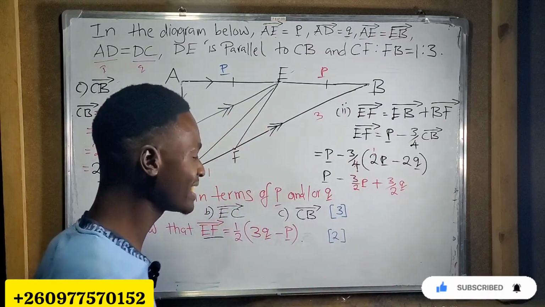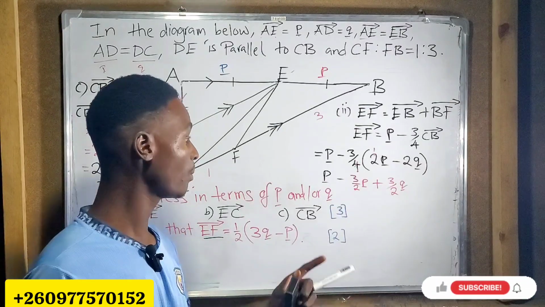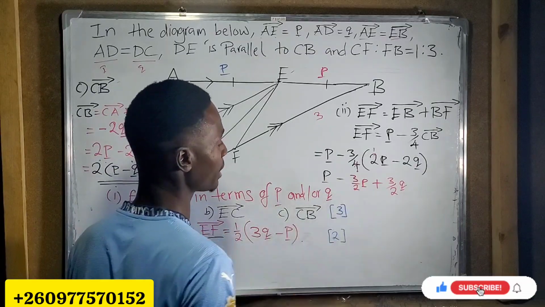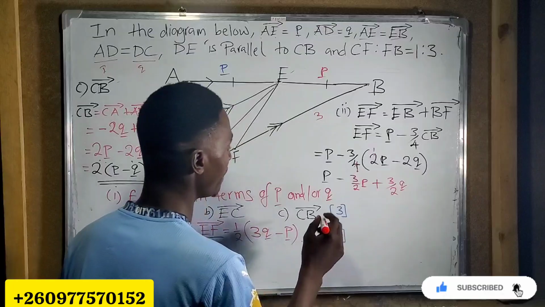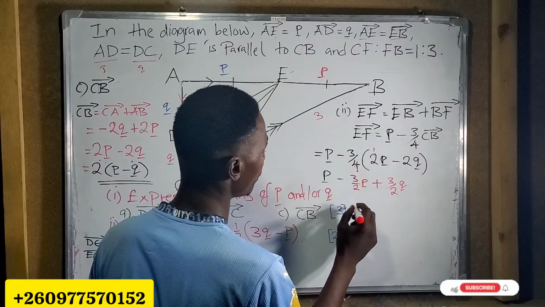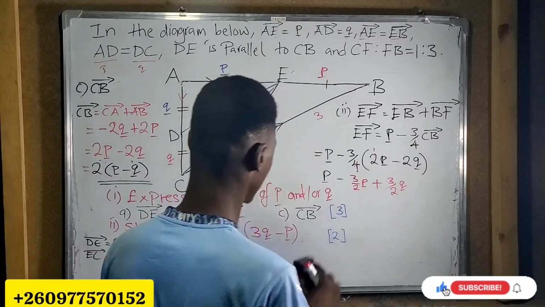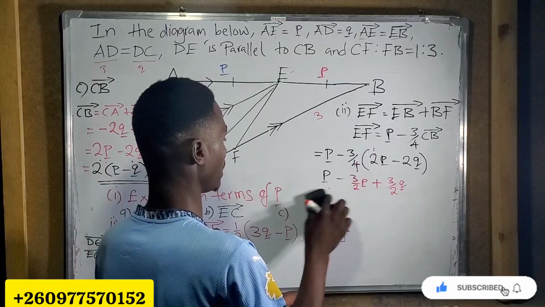Now my question still stands. Do we have a common factor? Yes, we have. There is P here and there is P here. Therefore, we can solve here. Just create space here.